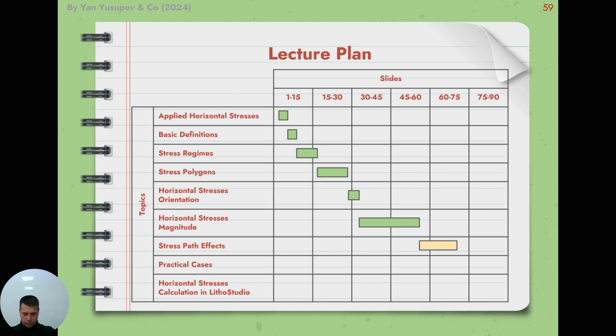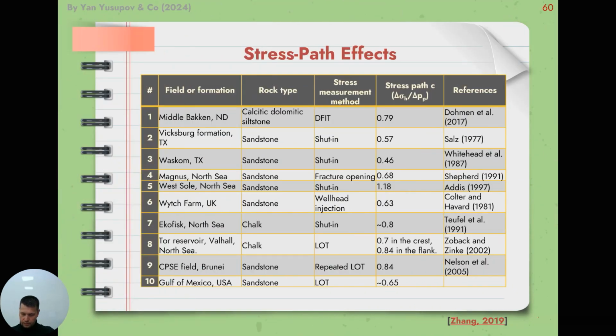Let's consider the next topic, the stress path effect. Addis and Zhang analyzed the stress depletion response in several petroleum reservoirs. The depletion-induced stress path is very different in different fields.